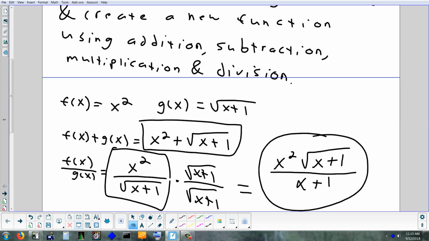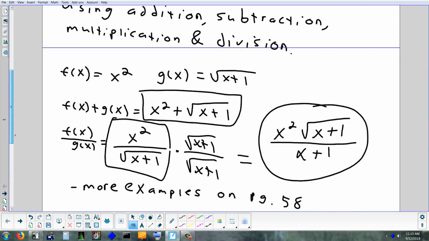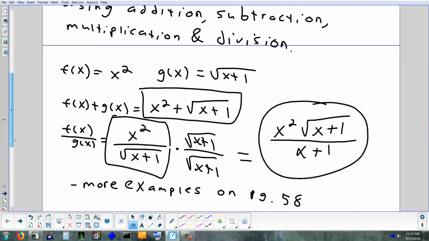Okay, on a test, it would be good if you do that. Okay, don't leave square roots in the bottom. And that's the function f of x divided by g of x. Okay, any questions on that? And there's more examples on page 58. I'm just showing you a couple quick ones.